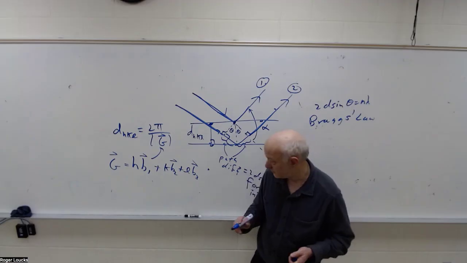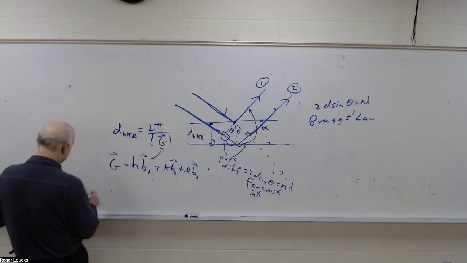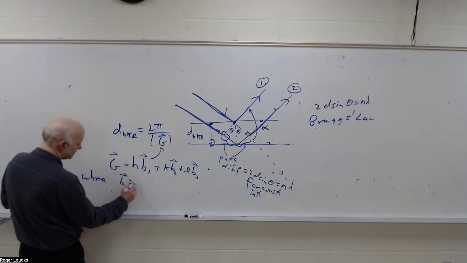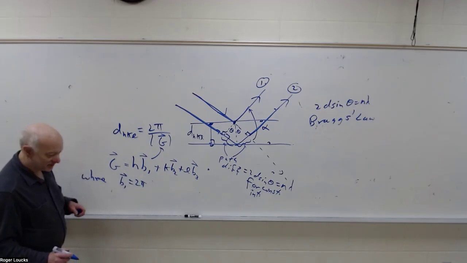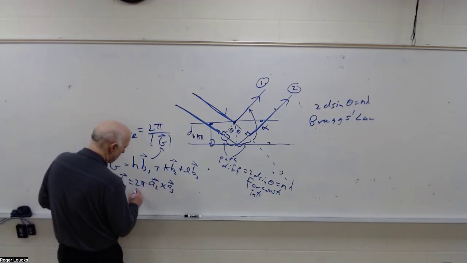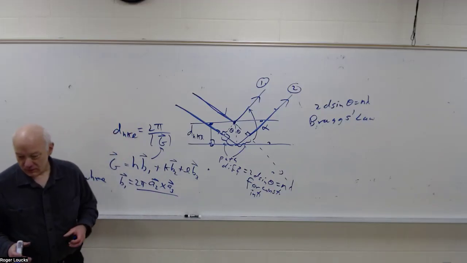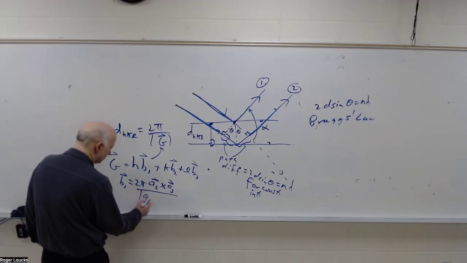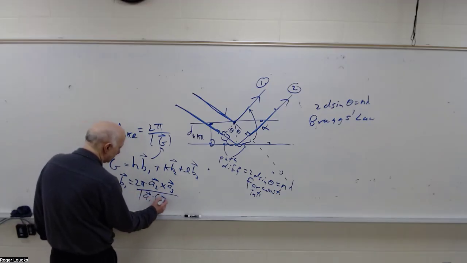Are they connected again? B1 equals 2 pi, A2 cross A3, over A1 dot A2 cross A3, the volume of that parallelepiped. You take the magnitude of A1 dot A2 cross A3.